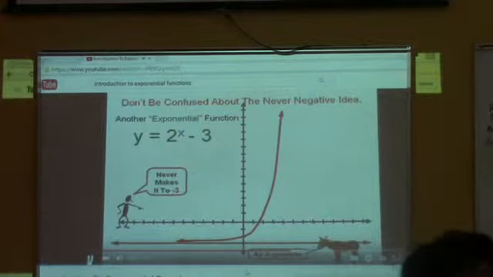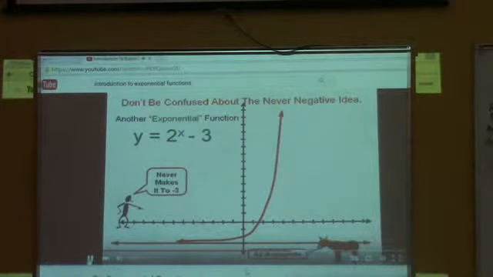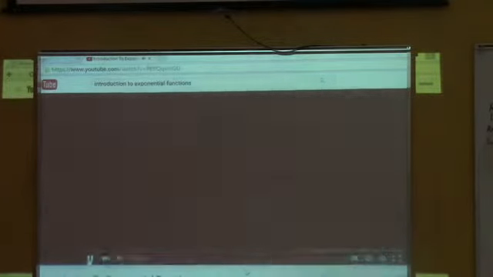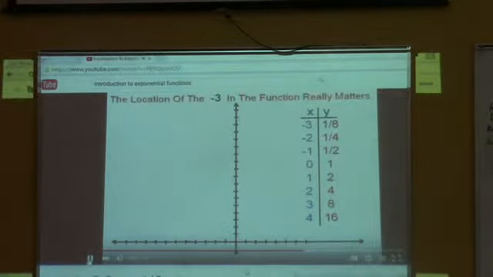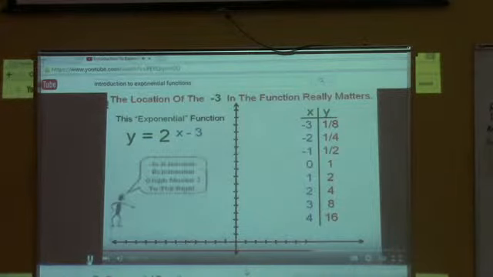Okay, but the point is, with these exponentials, it's going to have an asymptote somewhere where it will never really reach that line. Interestingly enough, what if we change the location of the minus 3? Let's try putting it in the exponent itself. Well, you know what will happen then? We'll get the same numbers, except it's going to actually be moved to the right.